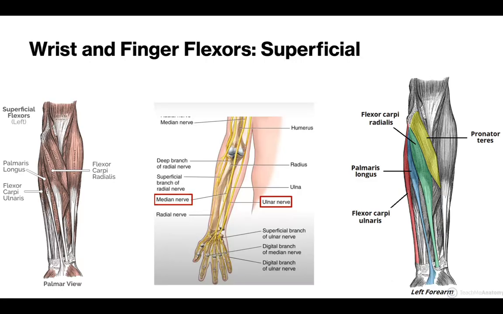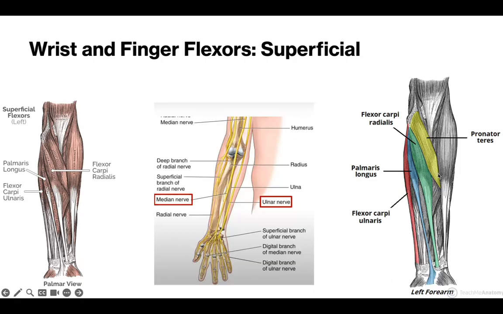Looking at pronator teres. Okay, pronator teres. This one's probably the most obvious because it has just such an angle. Okay, it's not actually crossing over the wrist at all, right? It's not coming onto the hand. So this one is probably the most obvious. This is pronator teres.